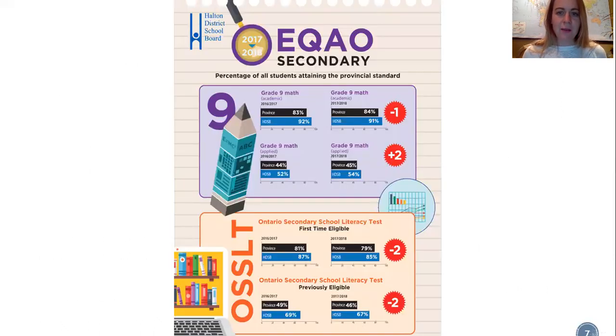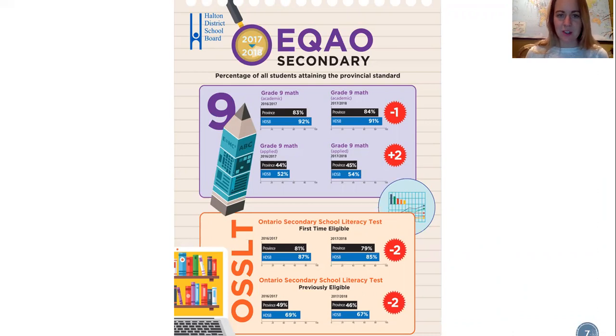If you remember from high school or from elementary school when you went and did your EQAO or OSLT, if a school board wants to report how their students score on these tests and how many meet the benchmark of obtaining the provincial standard, well, that's a snapshot of how their class and how their school is doing.